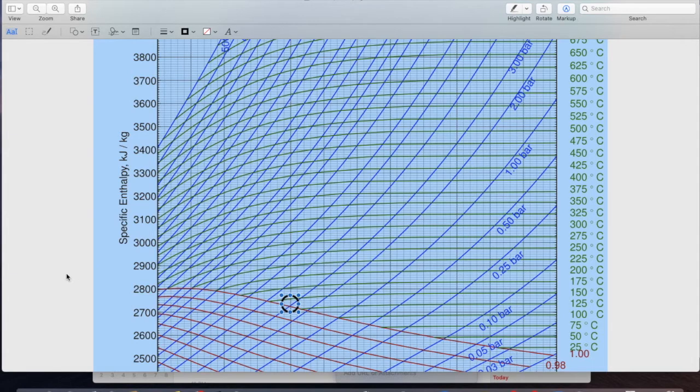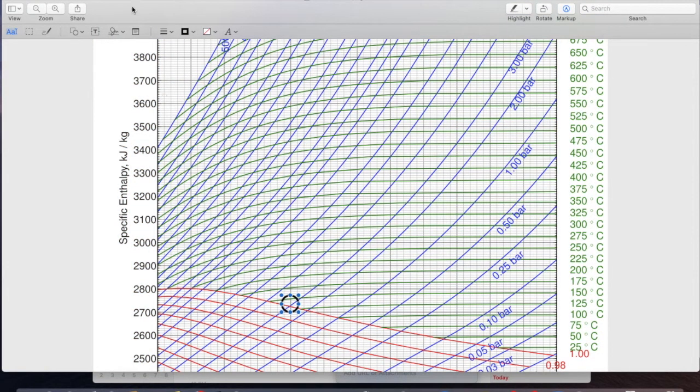Okay. And we'll just make a note of what that enthalpy is. That is H2, and we're going to say that that's about, according to my notes, 2720 kilojoules per kilogram.